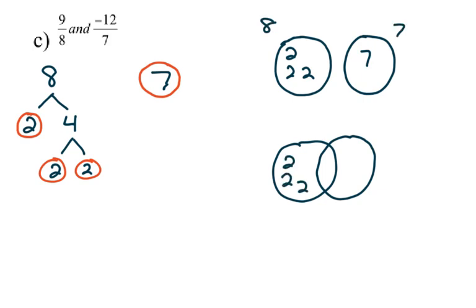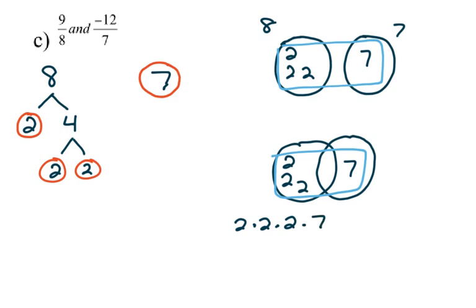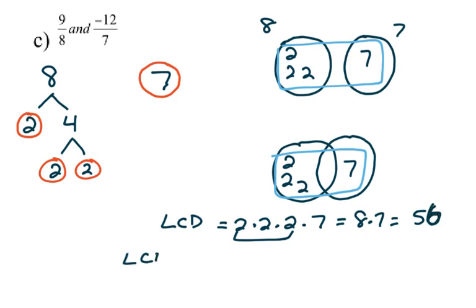Again, there's nothing in the intersection, and so we have 2 times 2 times 2 times 7 is our least common denominator, and so that's 8 times 7. And 8 times 7 is 56. And so the least common denominator of 8 and 7 is 56.